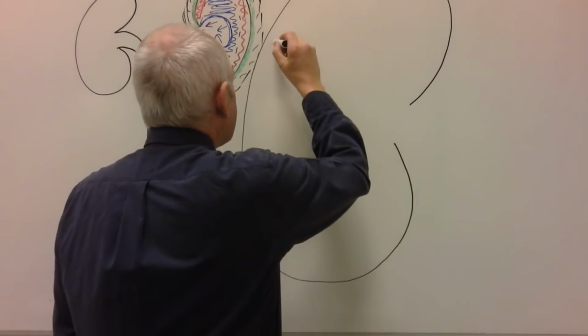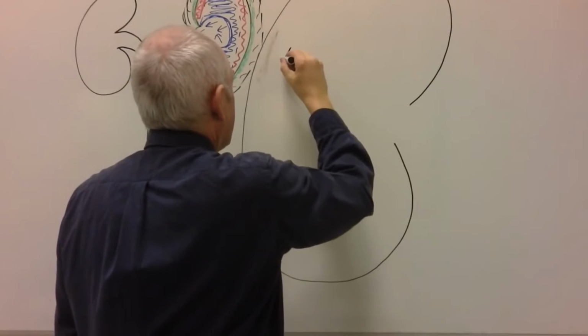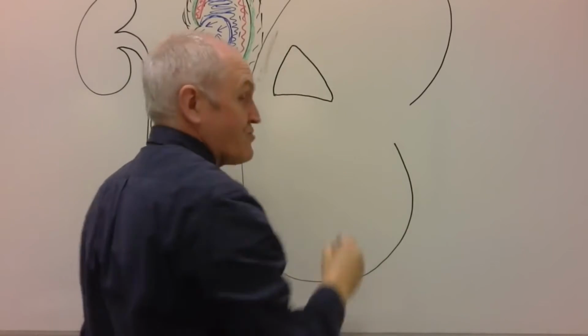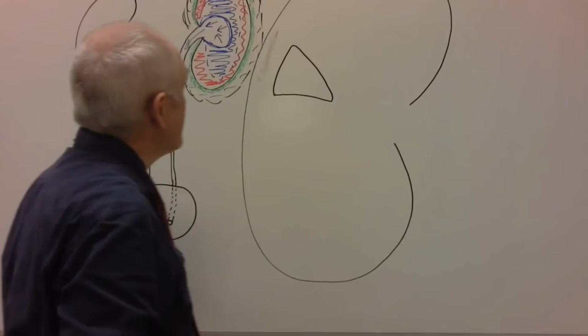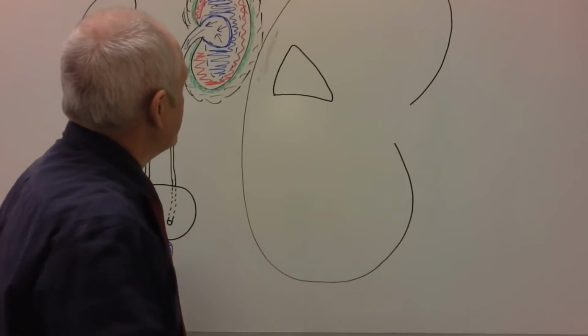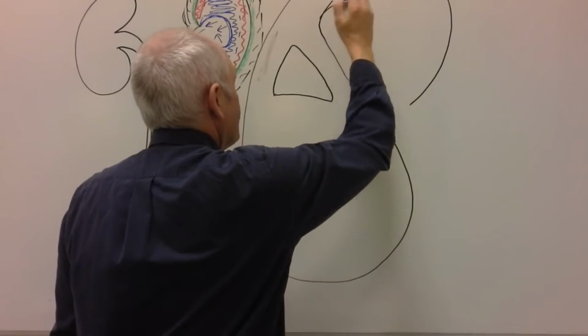They have a base at the top, and a pointed bit going down like this. So they're triangular on cross section, but they're actually pyramid shaped in 3 dimensions. So there's a series of these renal pyramids.